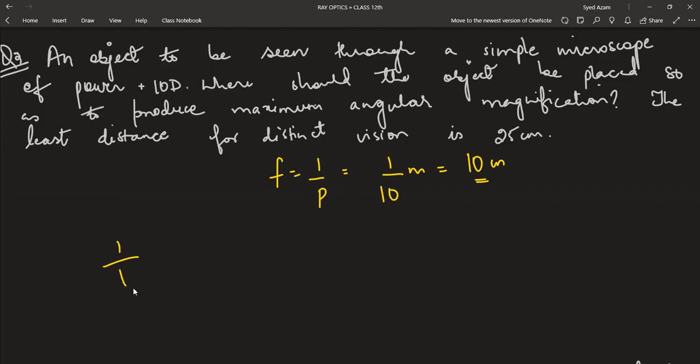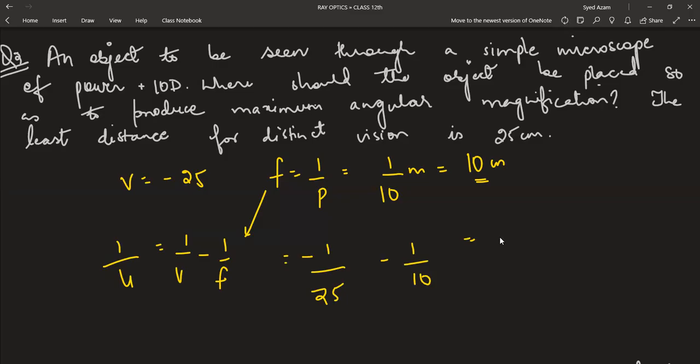Now 1 by u is equal to 1 by v minus 1 by f. So here we have the focus. V is minus 25 because it is kept at least distance of distinct vision. So it will be minus 1 by 25 minus 1 by 10. So this is minus 7 by 50.